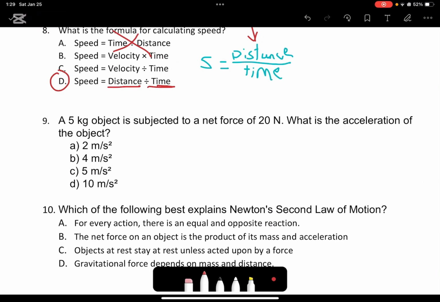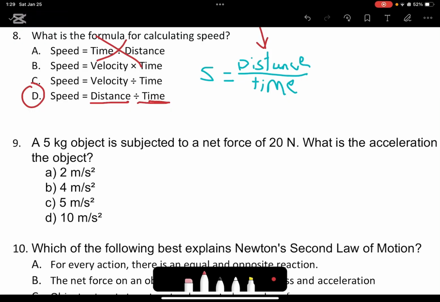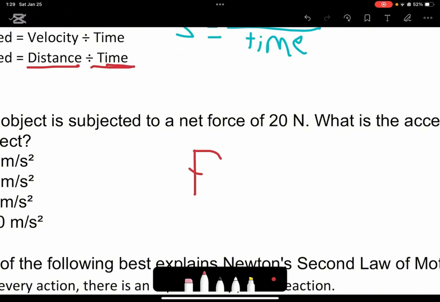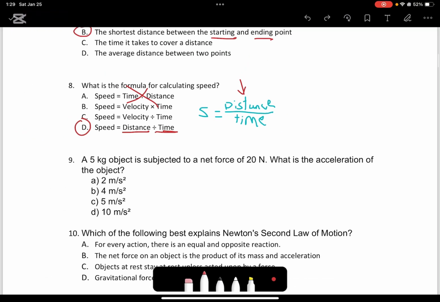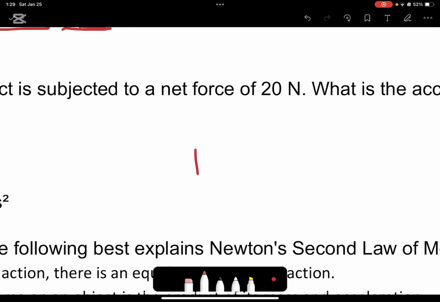Now, a 5 kilogram object is subjected to a net force of 20 newtons. What is the acceleration of the object? This question is very similar to Newton's second law of motion. His second law of motion says that force is equal to mass times acceleration.